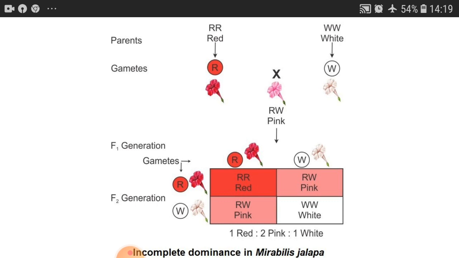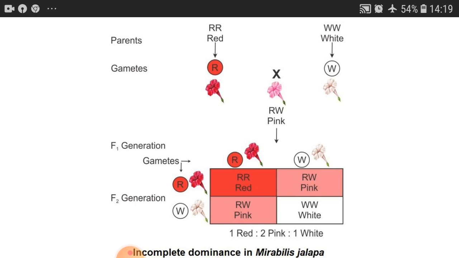Here we represented in the parental generation the red color as capital R and capital R because it is homozygous, and the white as W and W. We can also represent it as small r to be easier.